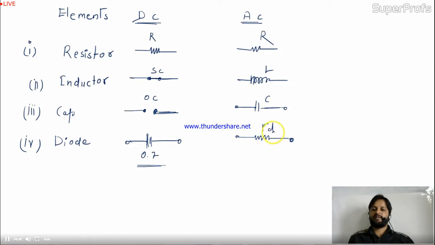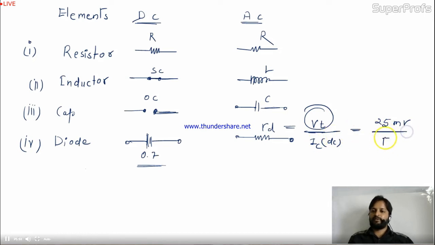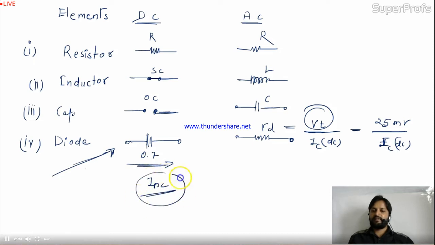I can take this RD, D for diode, and this RD is given by VT divided by I_DC. This VT is the temperature equivalent voltage. At room temperature, the value of this is 25 millivolt. So you have to divide 25 millivolt by I_DC. I_DC means you have to apply DC to the diode, then find the DC current.